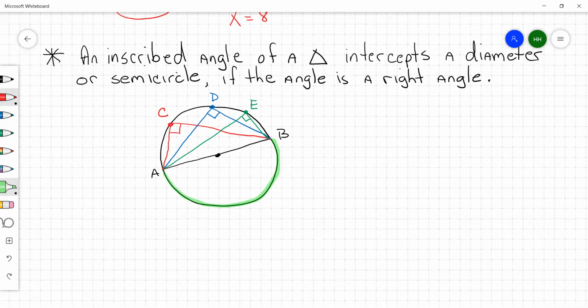What's the measure of arc AB? It's 180 degrees. It's a 180-degree arc because it's a semicircle, because its endpoints are on a diameter. All right? So for a few different reasons, those angles all need to be right angles.